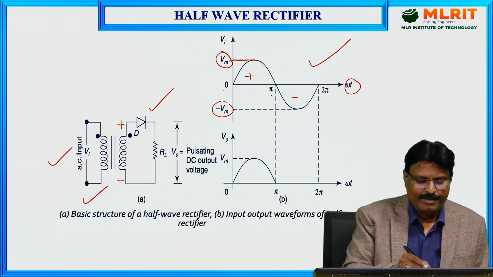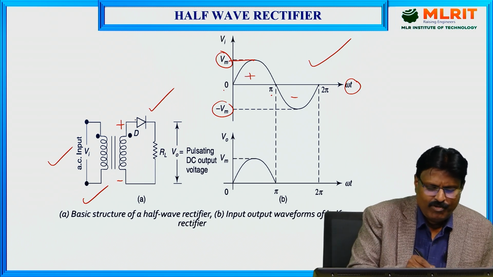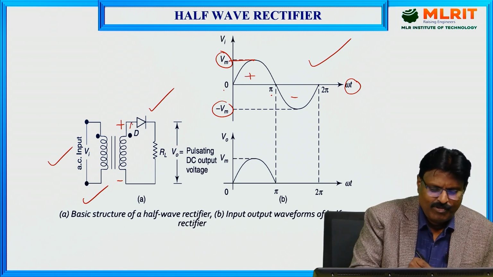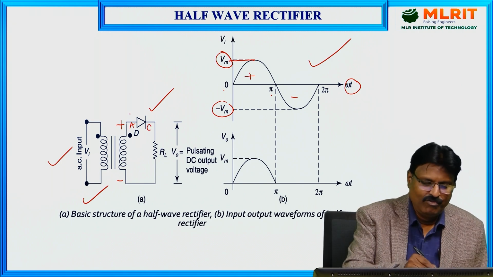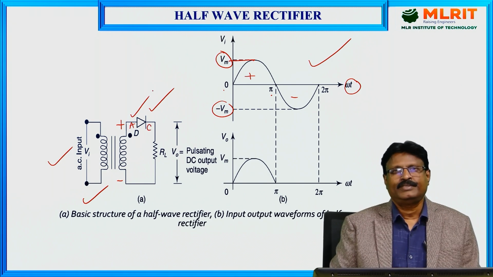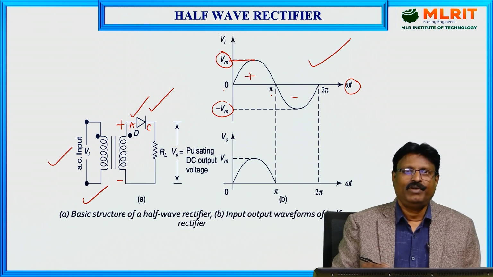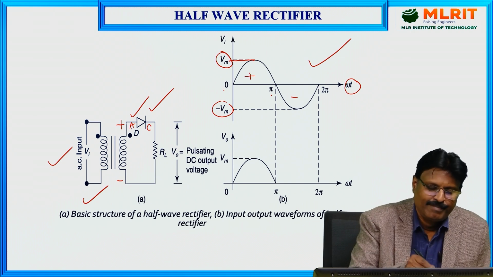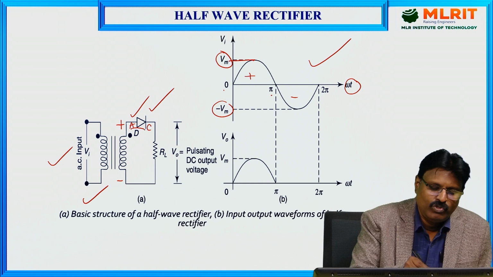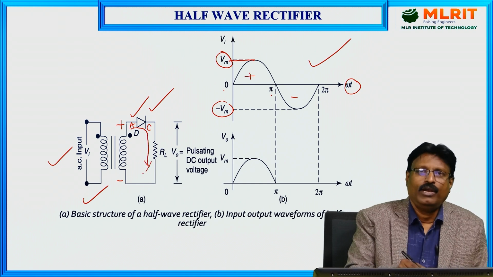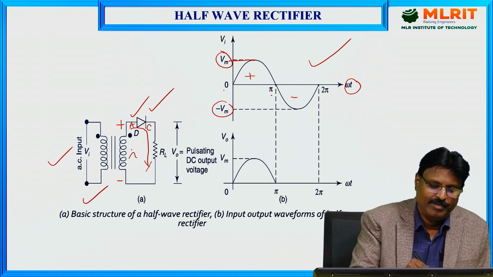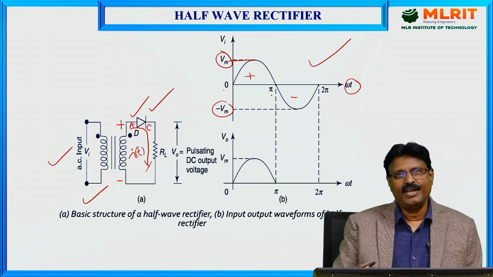The diode, as you can see, this is the anode and this is the cathode. Anode is more positive, that's why the diode will be forward bias. Whenever a diode is forward bias, the current will flow through the diode in this manner through the load resistance RL. Let it be i of t.